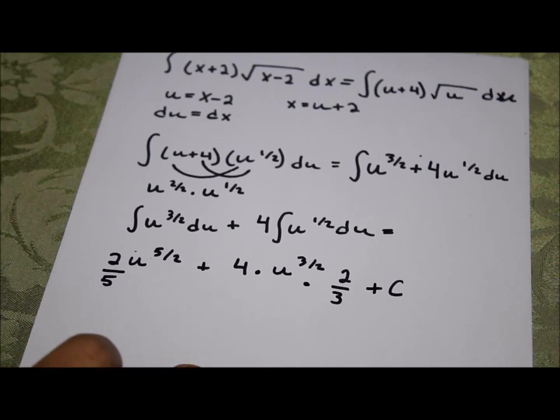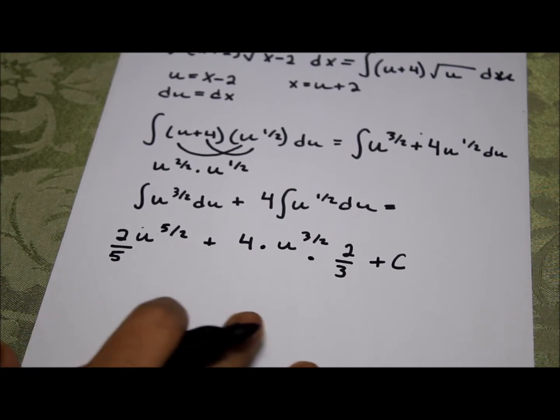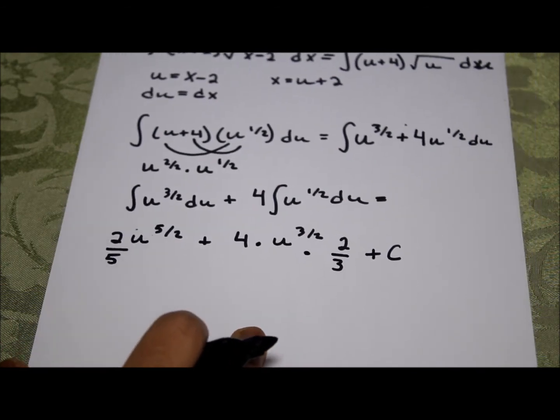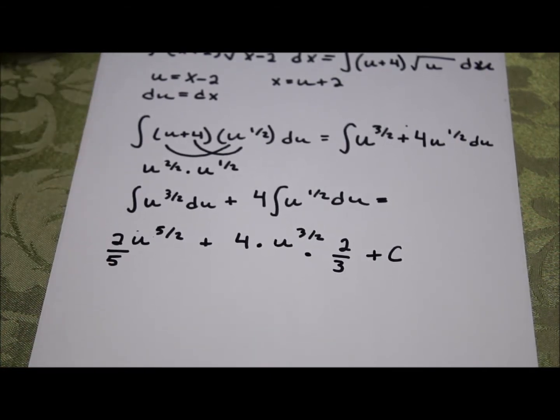And now we're still not done. We had the original problem in terms of x, and we want the answer to be in terms of x. So what we can do is substitute whatever we substituted for u. So u is equal to x minus 2.